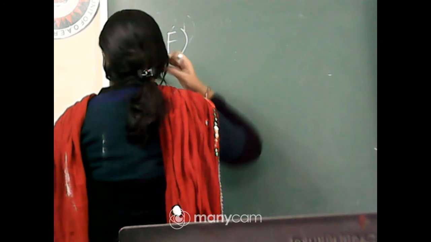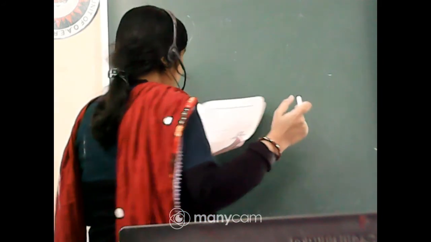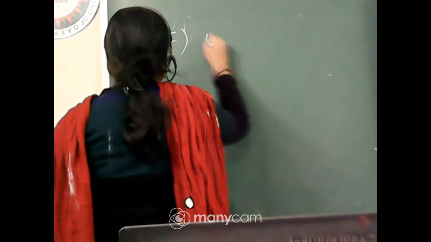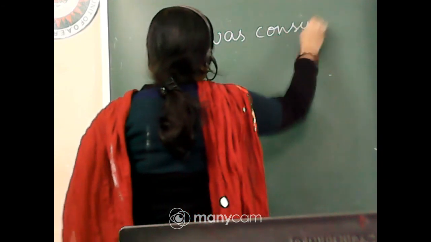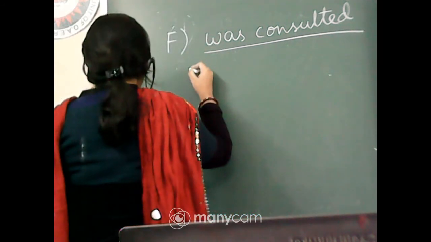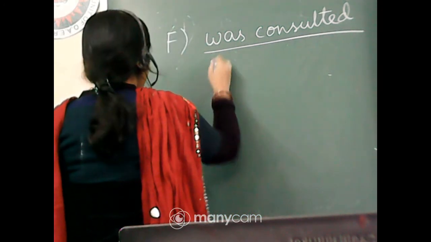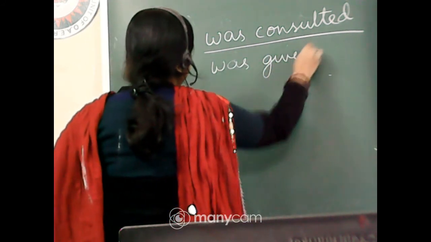Number F. The parrot was kept in a cage but soon fell ill. A veterinary doctor was consulted. So the first blank will be was consulted, right? Was or were plus V3 form of the verb, that is the formula for this. The bird was given injection.